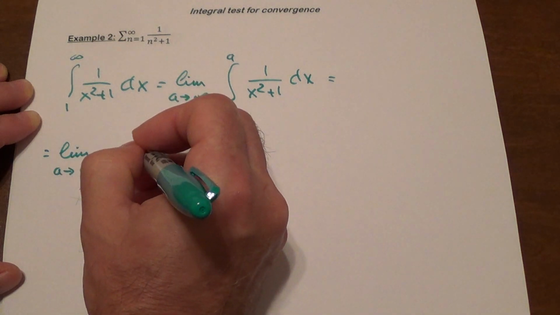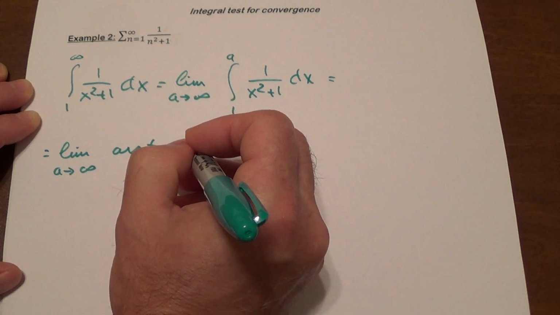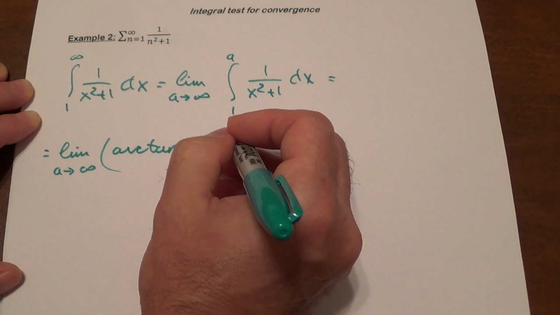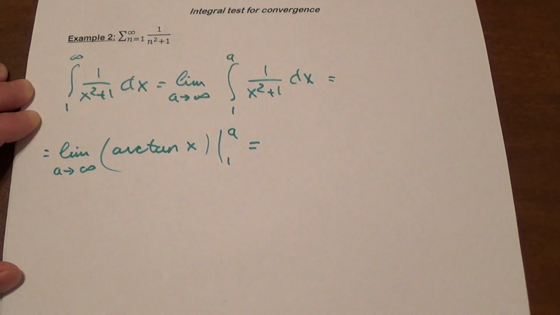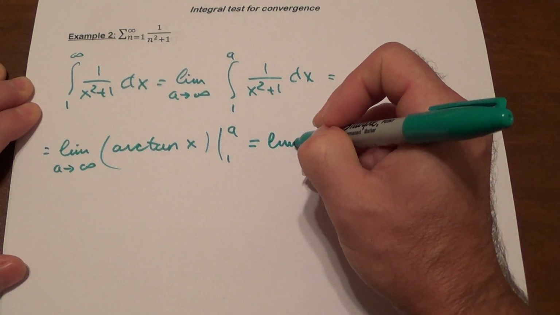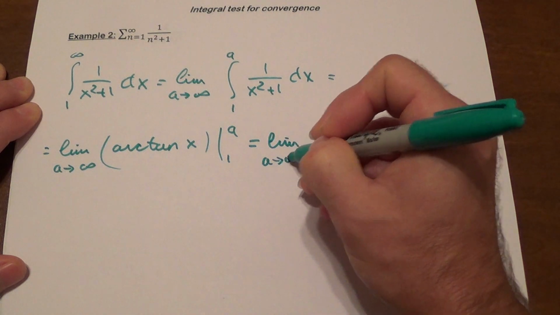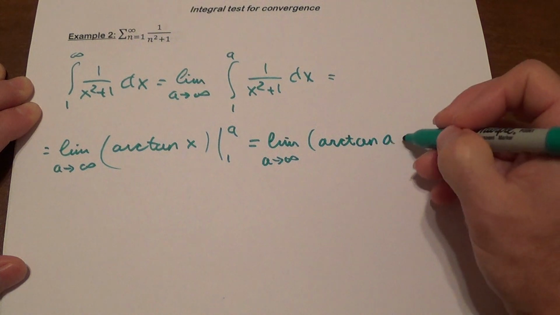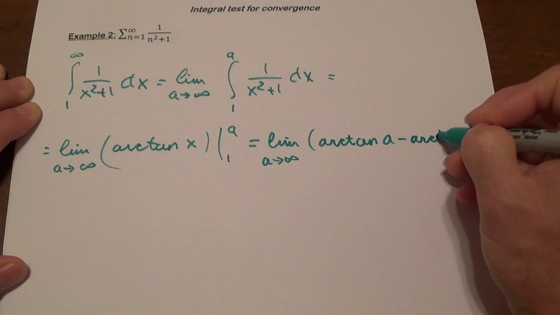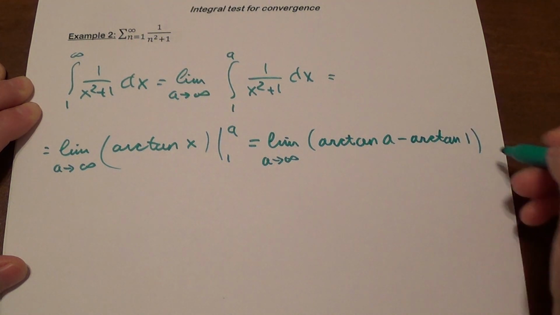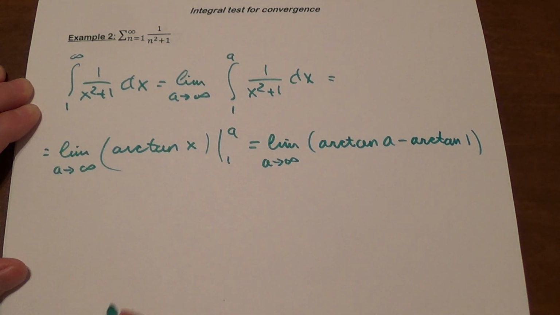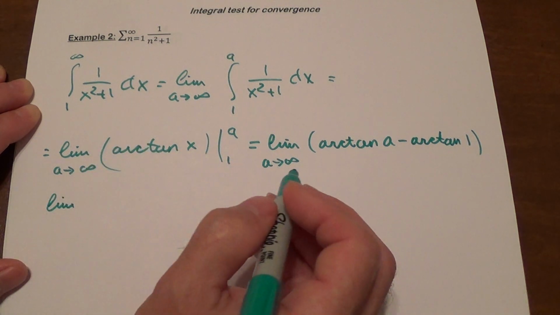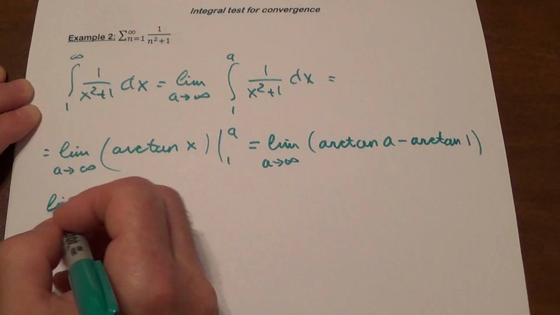This is arctangent of x going from 1 to a. It's going to be the limit as a approaches infinity of arctangent a minus arctangent 1. Okay, so what do we know here? There's no limit anymore.